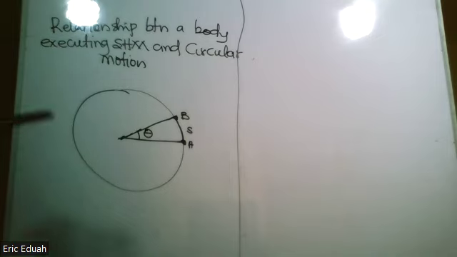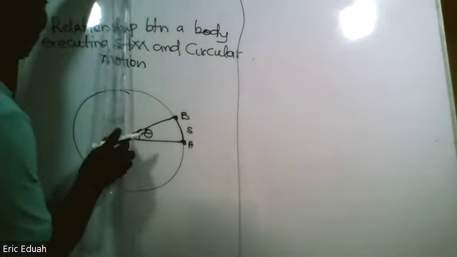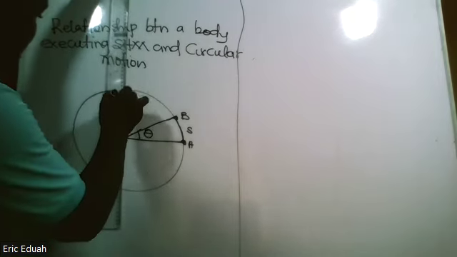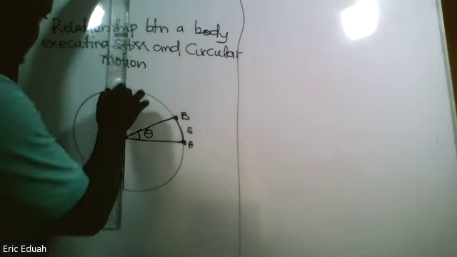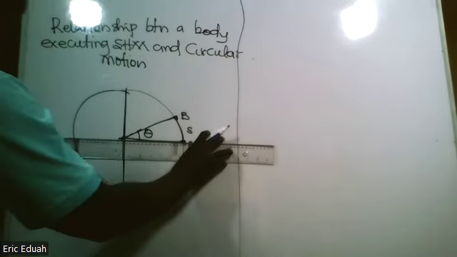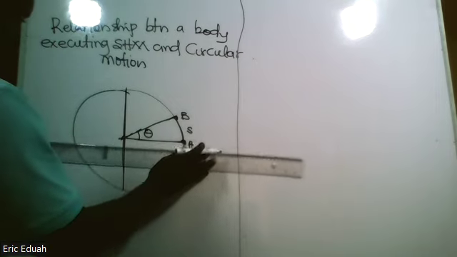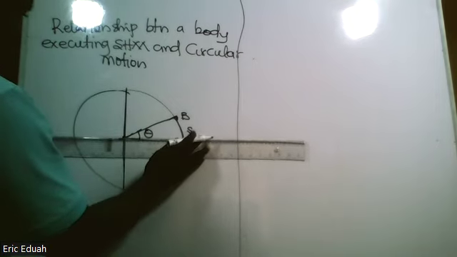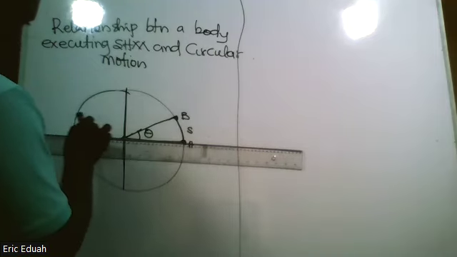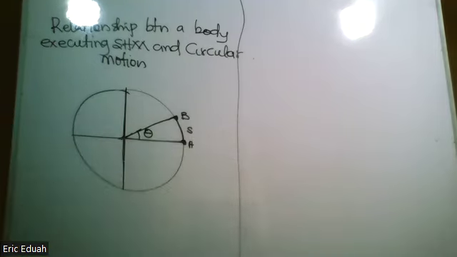So clearly all that we are saying is that this body is in circular motion. It has actually moved from a point A to a point B. Are we there?